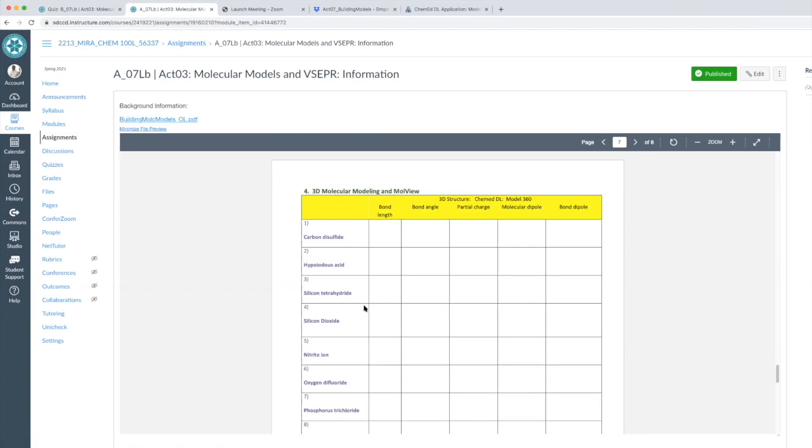Then we will take you to a program called ChemDoodle, where you will see that the predicted structure that you created is actually what's in this model, and then you can get some properties. That basically is the activity.